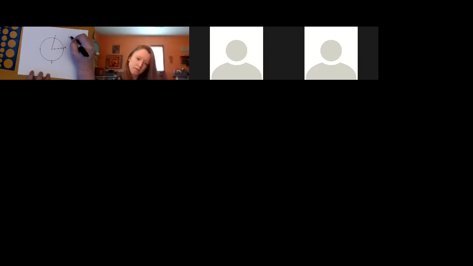Okay. So if I said that LR, and we use this little m out in front, that little m says the measure of. When I put that little m out in front, that tells me I'm talking about how big it is.